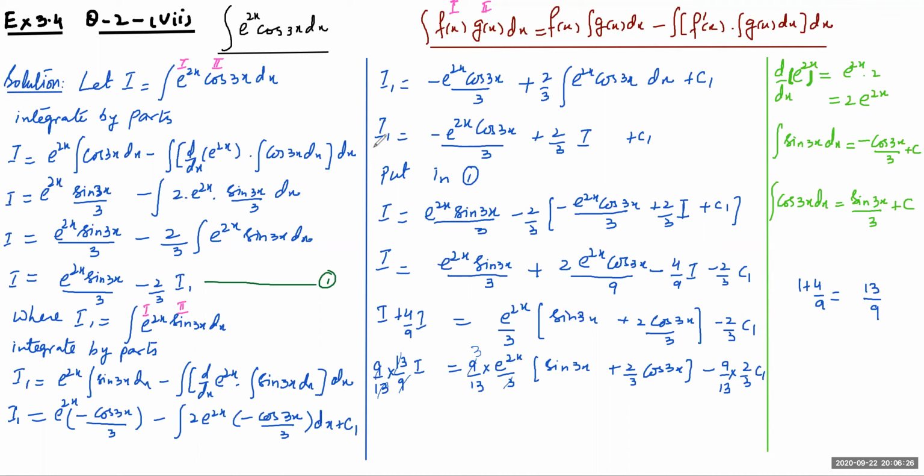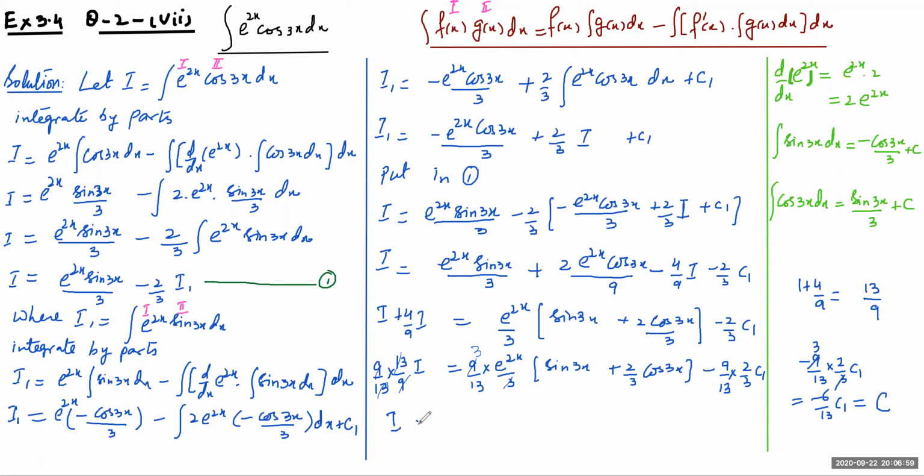And what happened to this one? I'm going to write it in the rough side, in this sidebar, minus 9 by 13 into 2 by 3 C1. It becomes minus 6 by 13 C1, and directly in place of this I'm going to put C, and now I will get this.